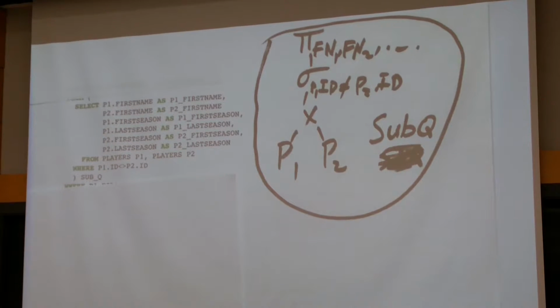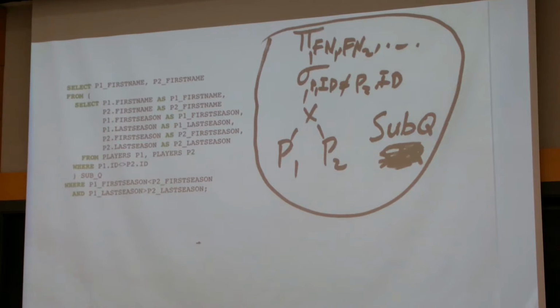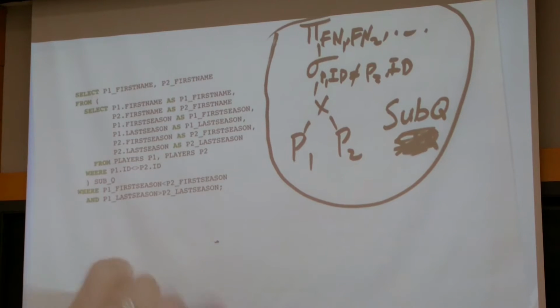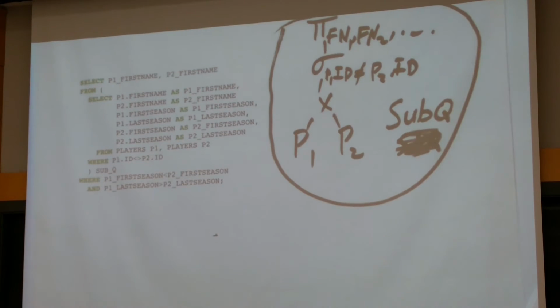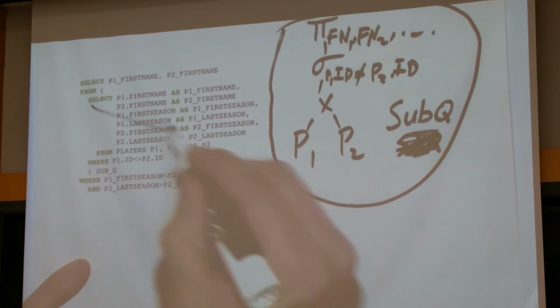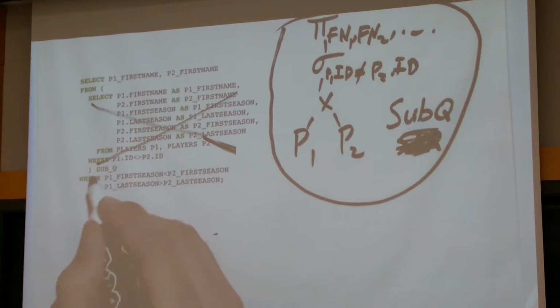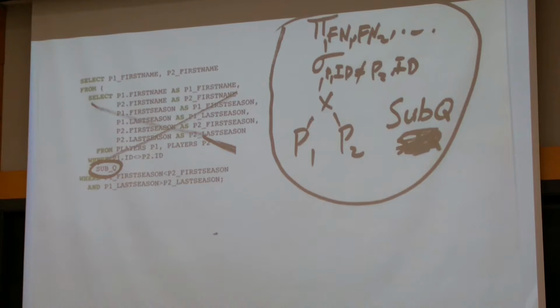Now, once I have that, I can look at the entire rest of the query, ignoring the fact that I have this nested subquery. I can basically just hide that entire nested subquery from my translation, ignore it, and just care about this relation subq.